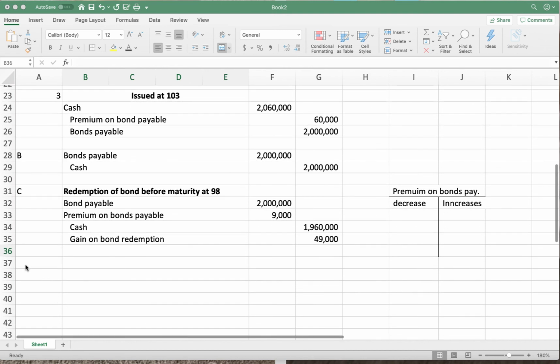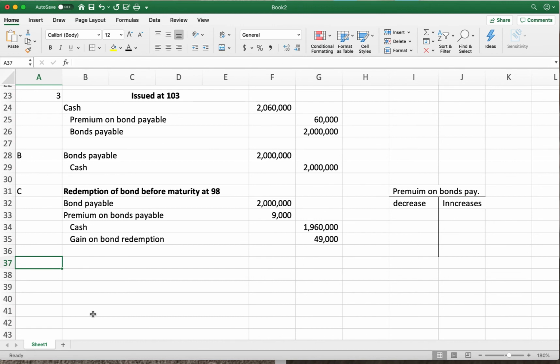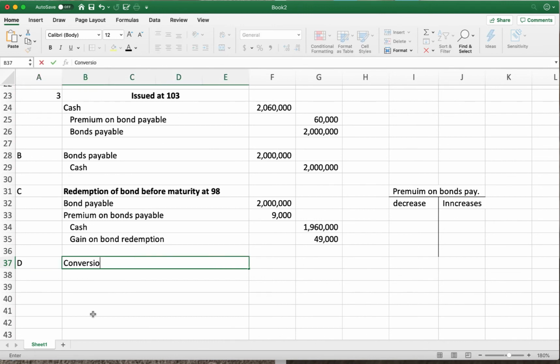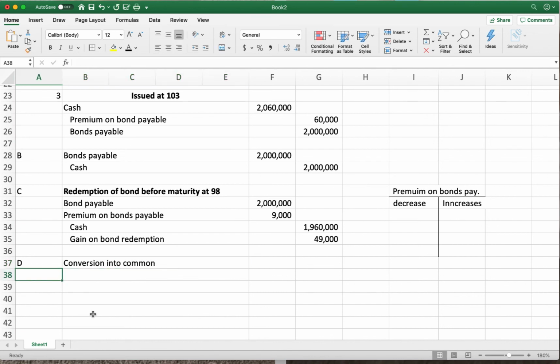So for part D, conversion into common. Very easy for us to do, right? All we need to do is ask ourselves, what's going on? Well, I'm getting rid of bonds and I'm giving out stock.